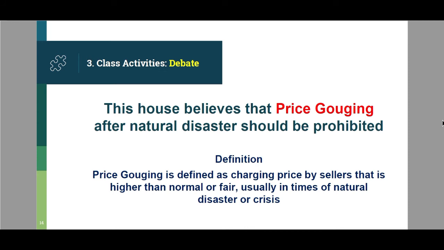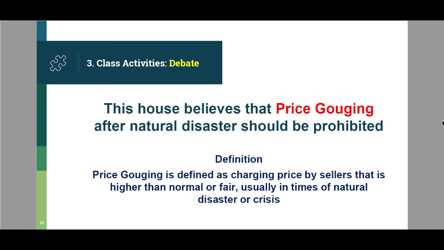If you're not clear about the meaning, price gouging is defined as charging a price by a seller that is higher than normal or fair, usually in times of natural disaster or crisis. So price gouging simply means that you put a price higher than what you normally sell at in the market, because you want to take advantage of the shortage of supply during the period of the natural disaster or in the time of crisis.